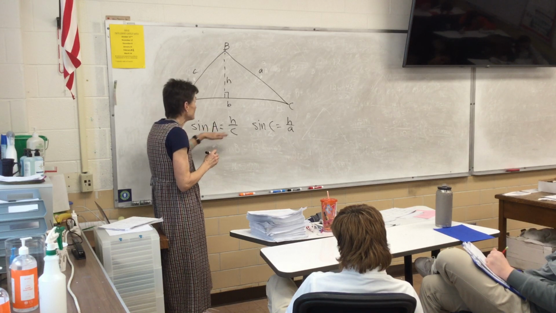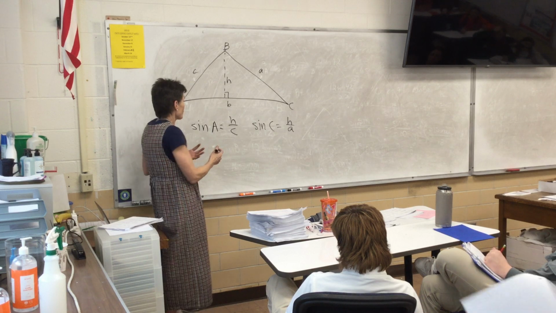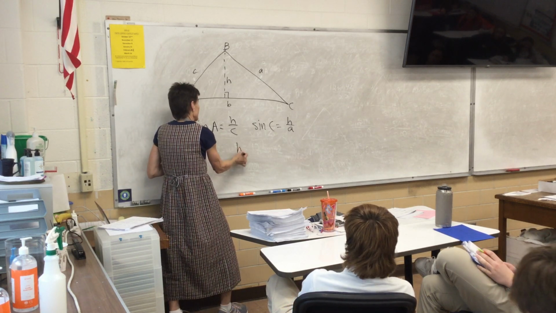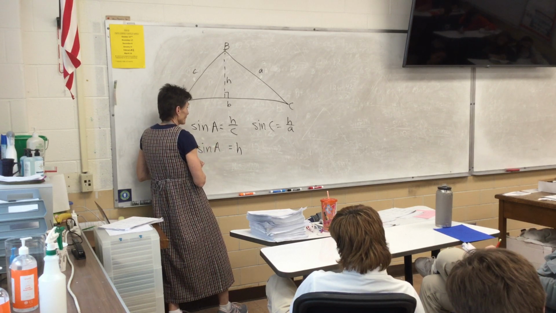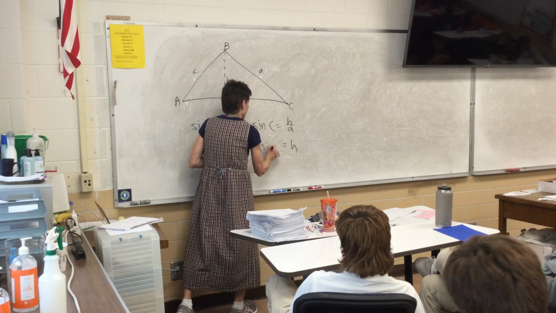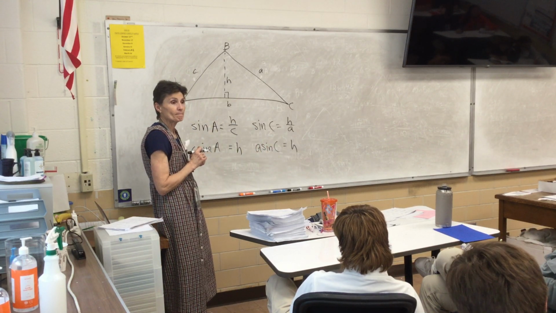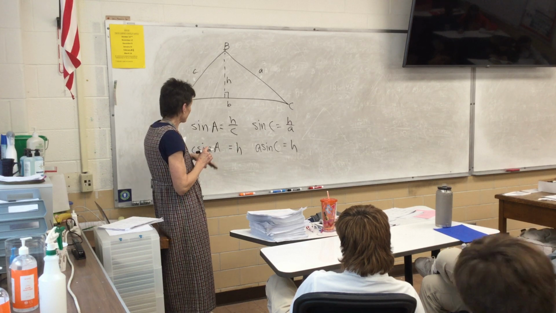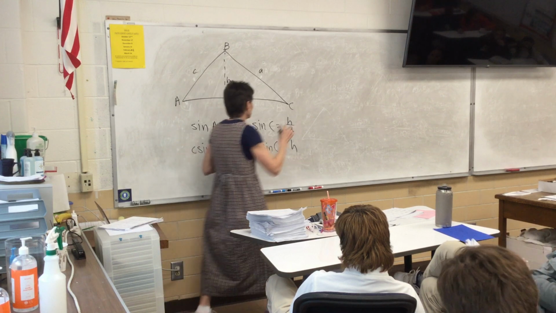Now, both of these equations have an H. So I'm going to go ahead and get the H's by themselves. H equals C sine A, and H equals A sine C. Would you agree with that? Well, now, since they're both H's, I can set them equal to each other.